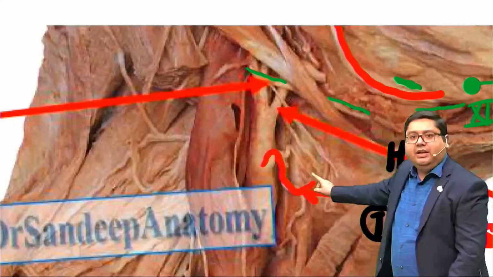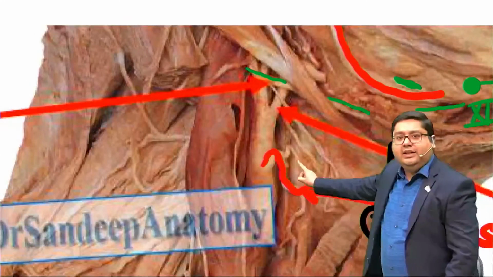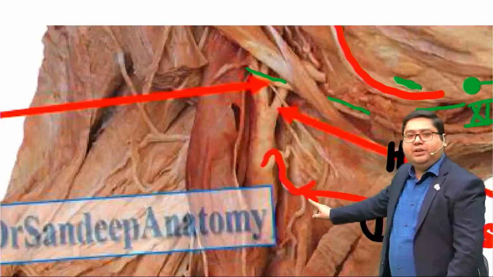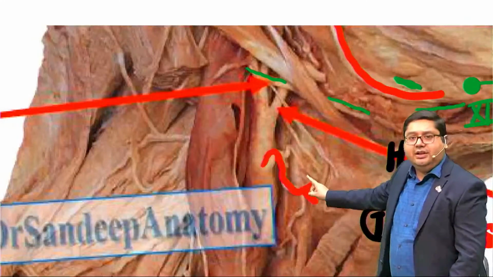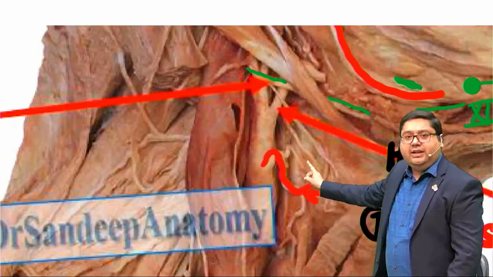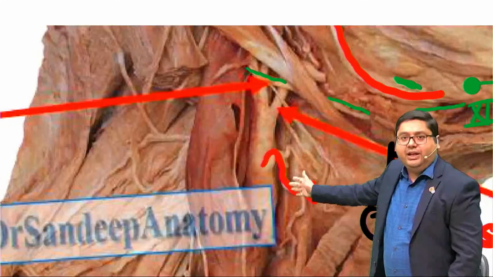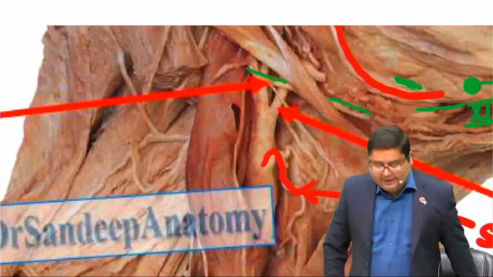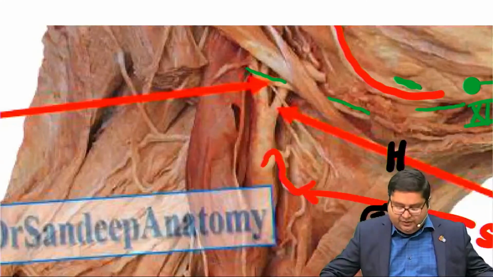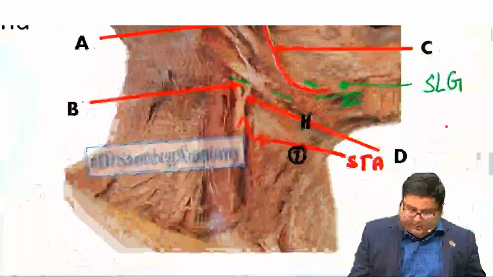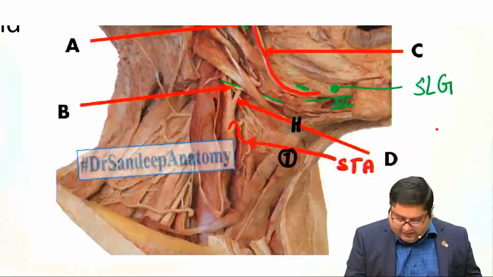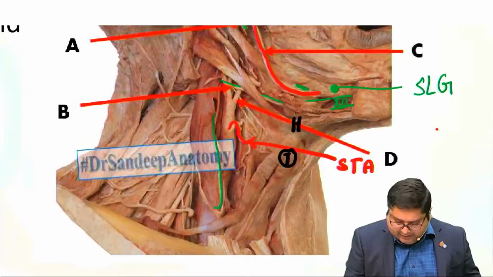And this artery is the superior laryngeal artery, branch of the superior thyroid artery, and this is the internal laryngeal nerve. Both the superior laryngeal artery and the internal laryngeal nerve are going to pierce the thyrohyoid membrane. Do you appreciate this? And along with that, there is something making a loop over here.